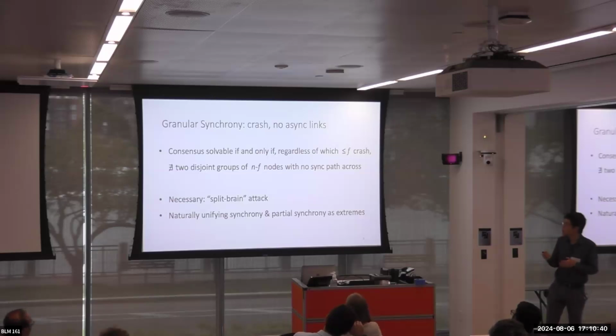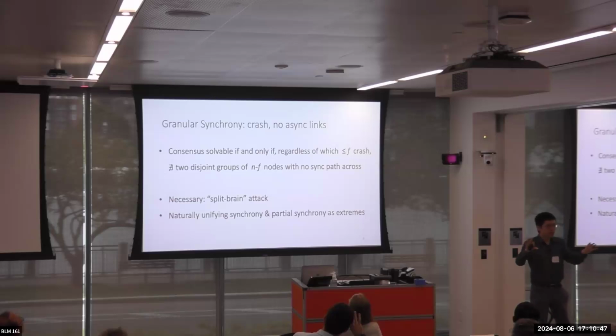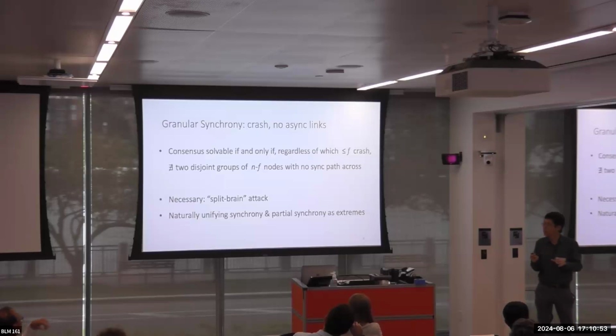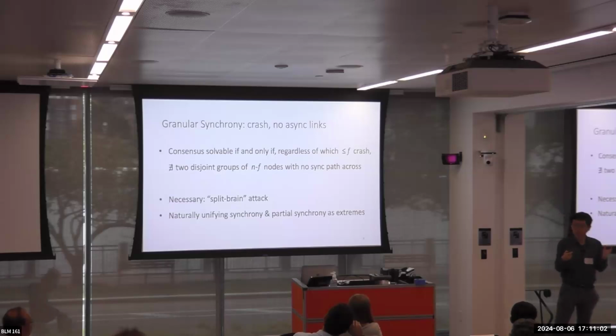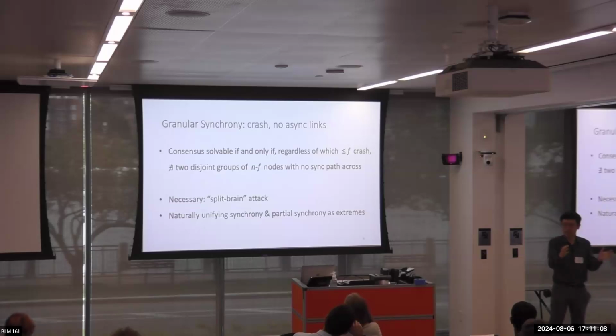Whereas if every link is partially synchronous, then as long as you can find two groups, they will not have a synchronous path in between. The only thing that can save us is to play with N and F such that you will never be able to find two large groups. That would require N to be greater than 2F, such that N minus F is greater than half of the nodes.